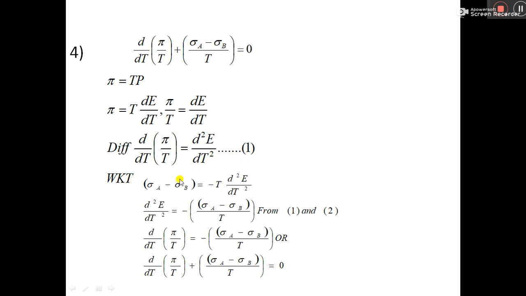We know that sigma A minus sigma B is equal to minus T into d square E by dt square.